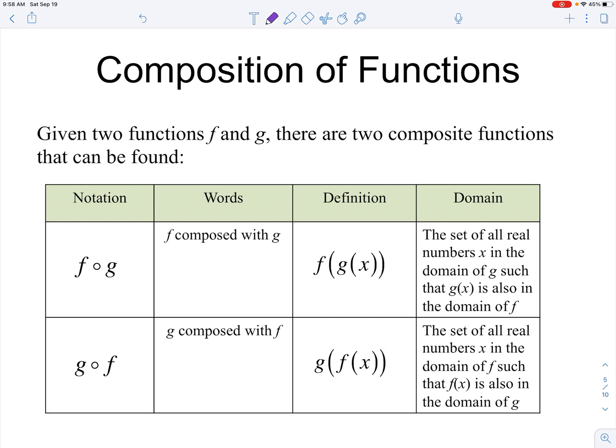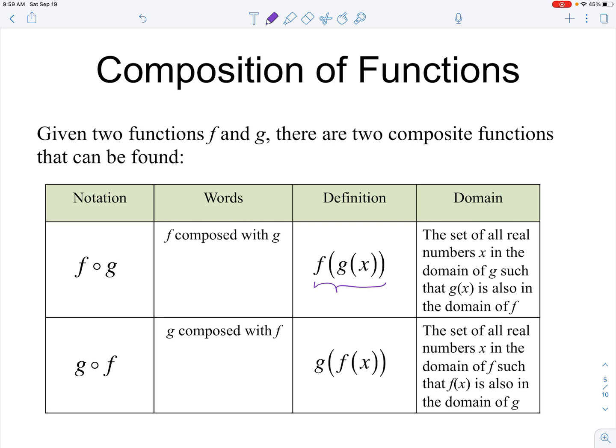I know I've heard other teachers refer to it as Fogg and Goff, but f composed with g is one notation, and then I like what's used for the definition here, because you can really see that's the function f being evaluated at the function g of x.